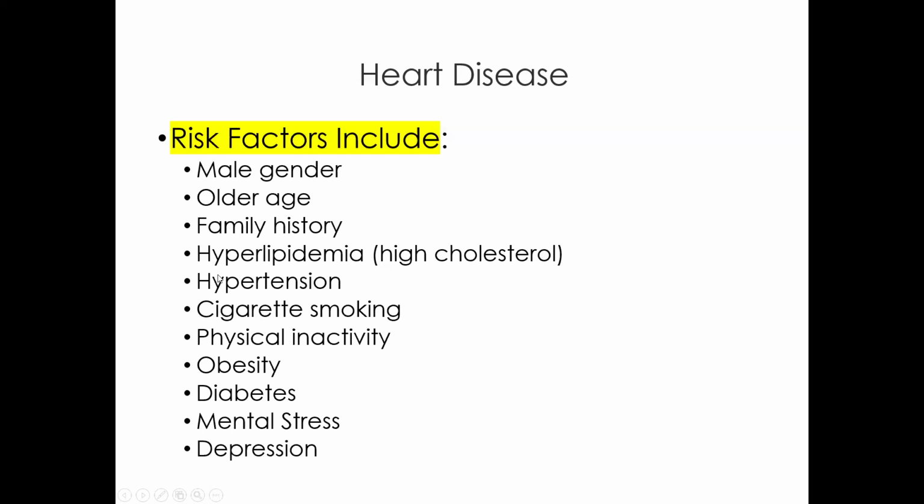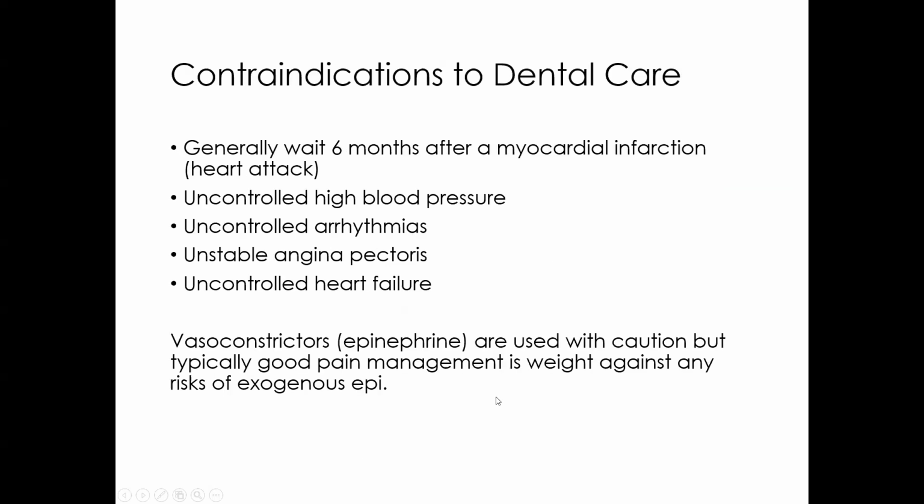We see correlation between chronic hypertension, cigarette smoking, physical inactivity or obesity. Those people with diabetes have a higher risk of heart disease or cardiovascular disease. Mental stress, if you stress a lot, live a very high stress life, or have another mental disorder such as depression, we see a little bit of a correlation there as well.